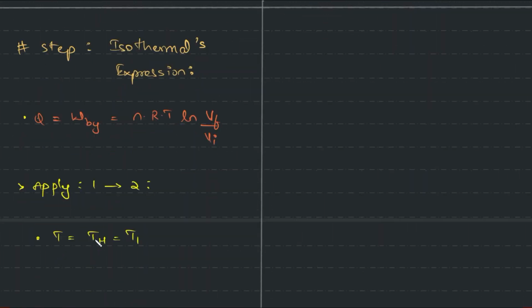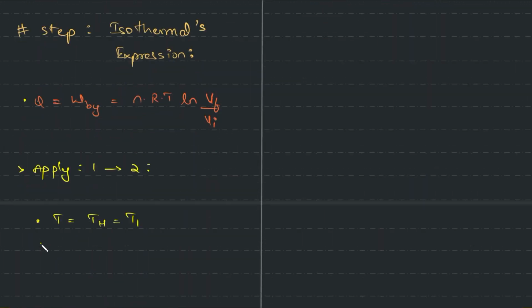TH is T1. And your final volume is V2 and your initial volume is V1. So with all of this in mind, what do we have? Q1 is equal to nRT1 natural log of V2 by V1, I guess.